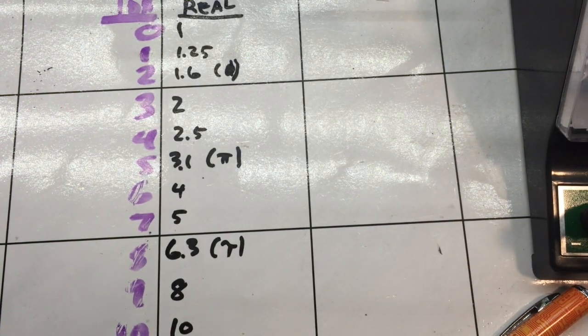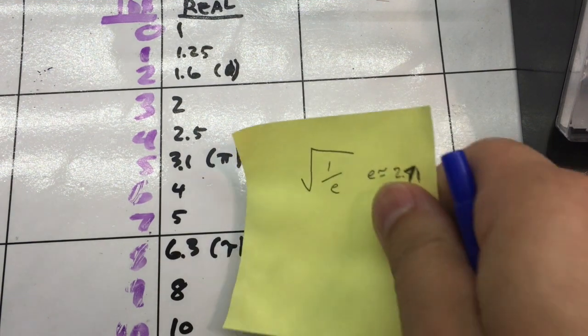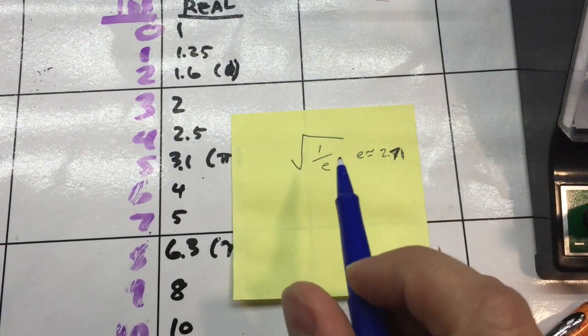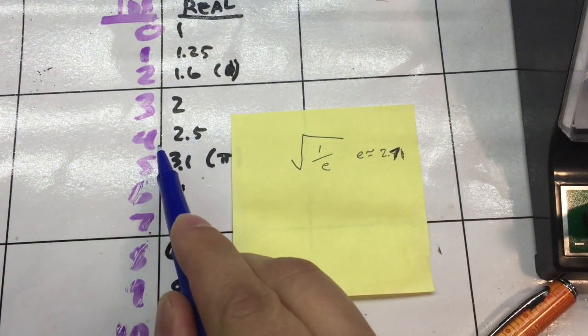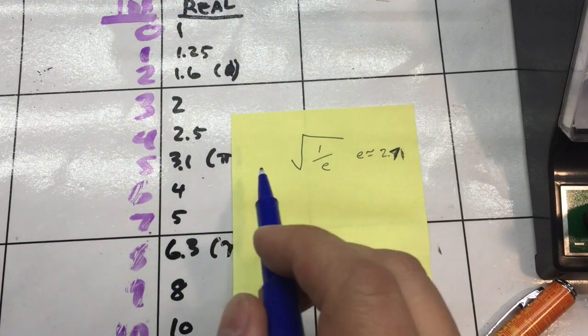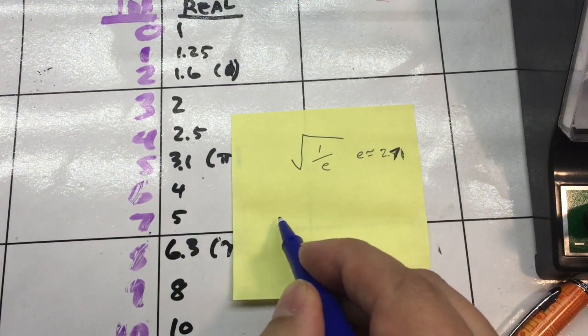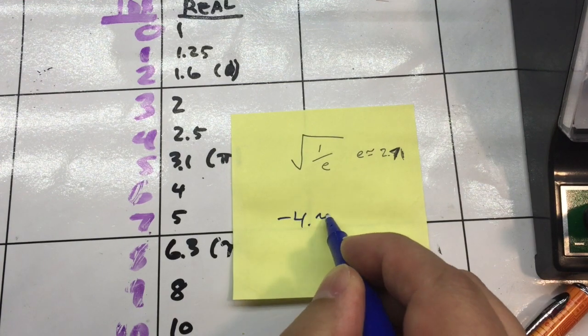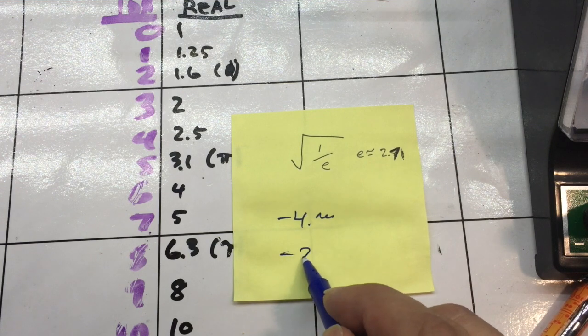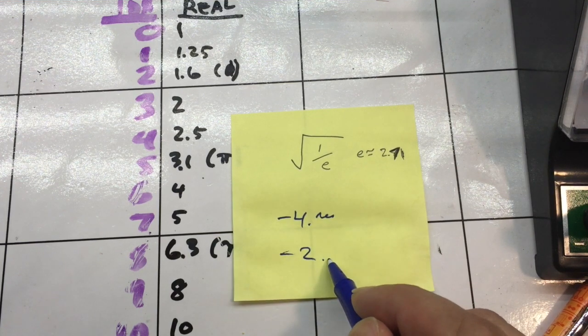So you can keep getting progressively more and more complicated here. How about square root of 1 over e? We'll do this one not quite in our head because we're practicing here. e is about 2.71. So the index of that is 4 and change. That's the technical term for it, 4 and change. All right, so 1 over it gives us -4 and change. And square root takes that in half, and that takes us to -2 and really small change.